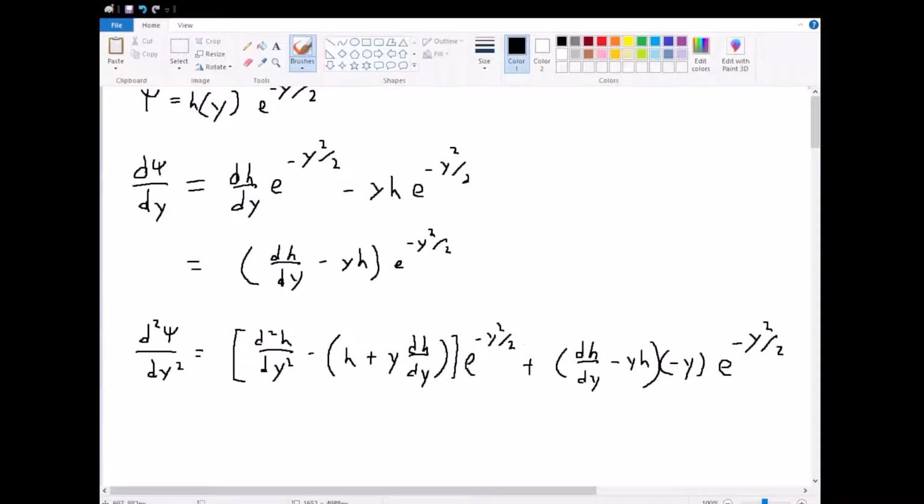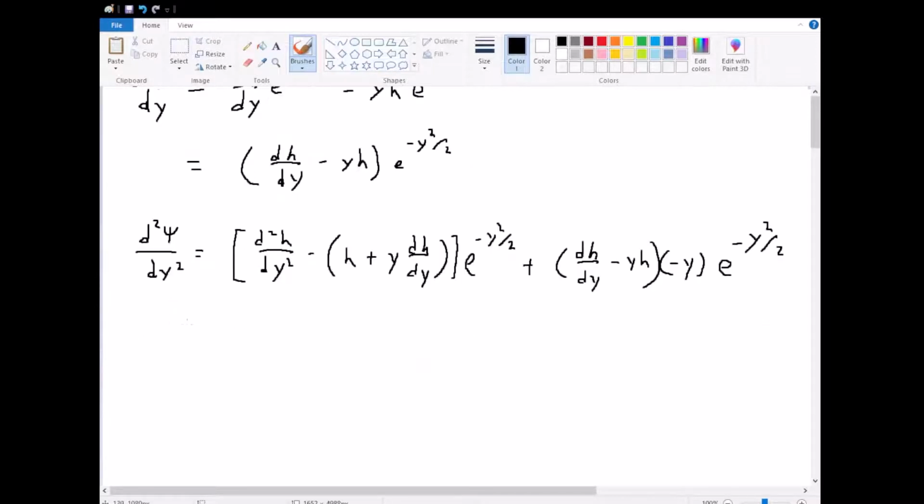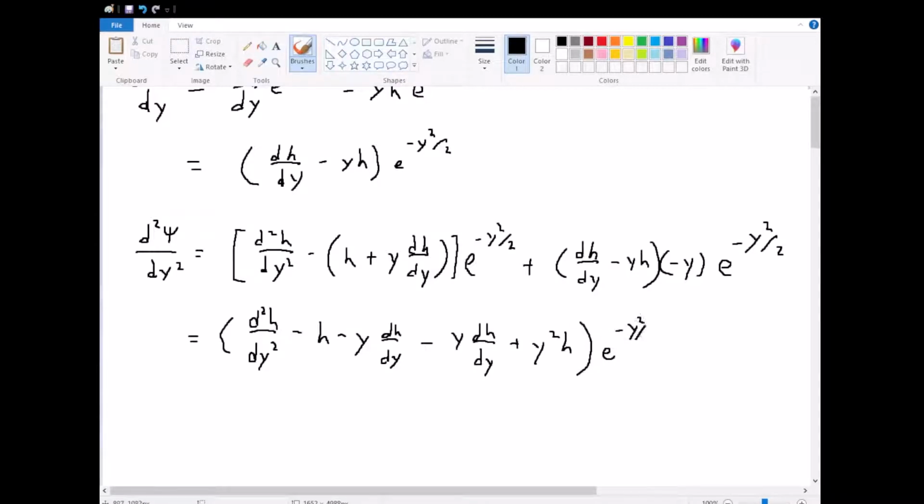Okay, at this point, we can do a little bit, once again, of distributive property, and we're going to get d2h by dy squared, minus h minus y times dh by dy, minus y times dh by dy, plus y squared times h, and then this whole thing is multiplied by e to the negative y squared over 2.